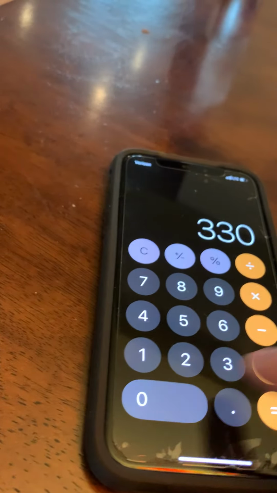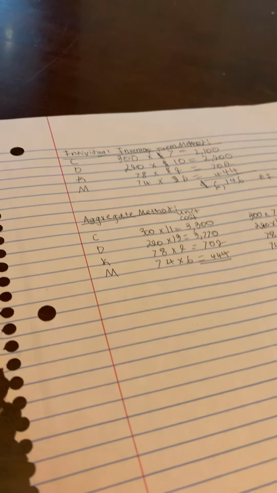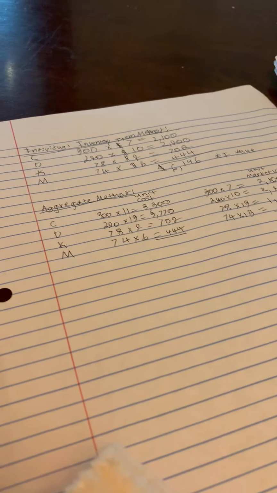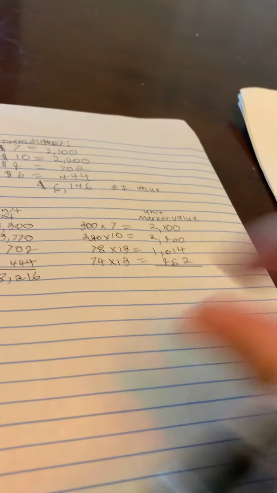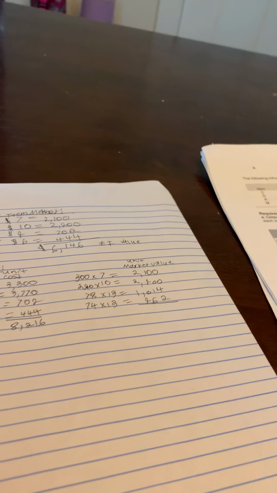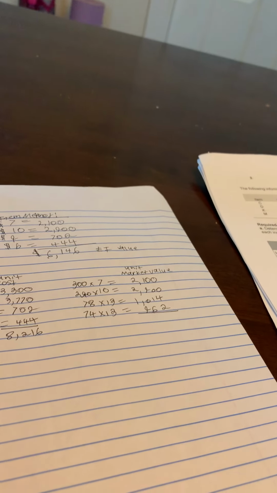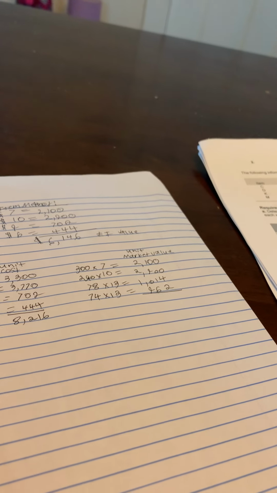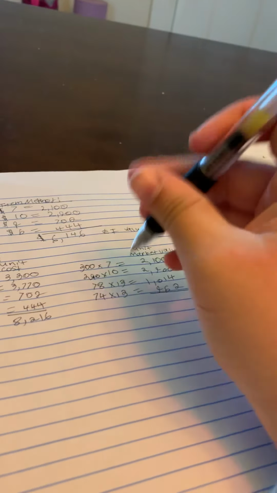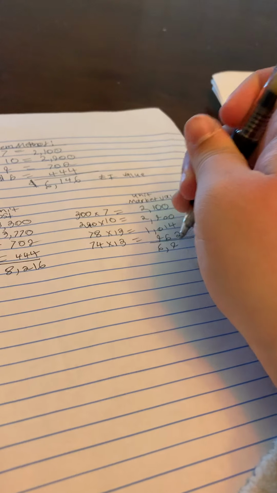So 3,300 plus 3,770 plus 702 plus 444 is 8216. Then we're going to add this together. So 2,100 plus 2,900 plus 1014 plus 962 is 6,976.